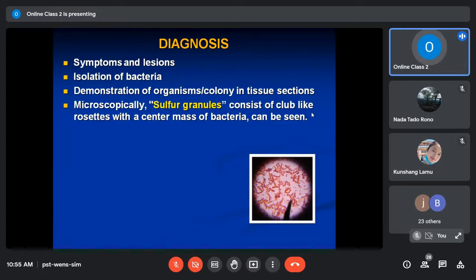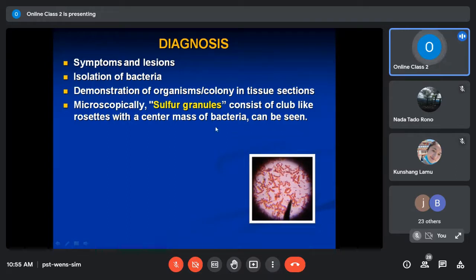You can demonstrate this organism or colony in tissue sections microscopically, from the affected organ wherever nodular or chronic abscess lesions are there, and you can demonstrate the presence of sulfur granules.